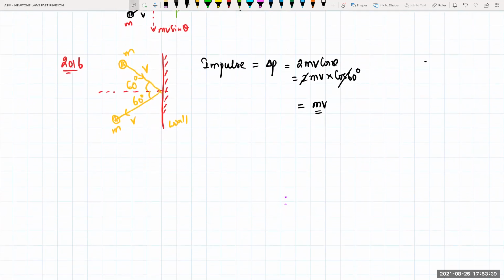One more question was also asked somewhere here. This is your vertical wall.